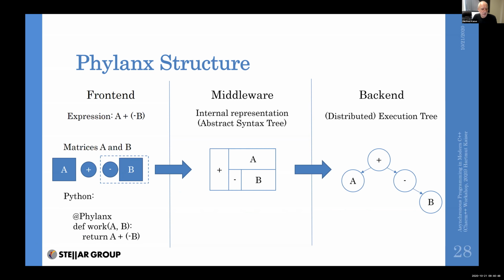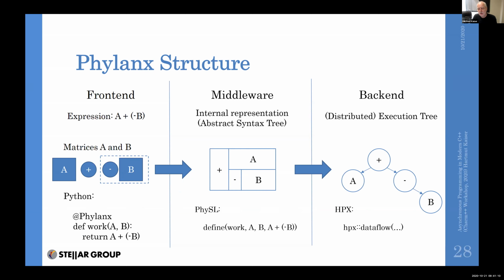In practice, that looks like this, for instance. So in Python, we would decorate the function we want to distribute using the @Phylanx decorator. That is transformed into some intermediate representation, which is very similar, drawn from Scheme, so it's a very functional representation.